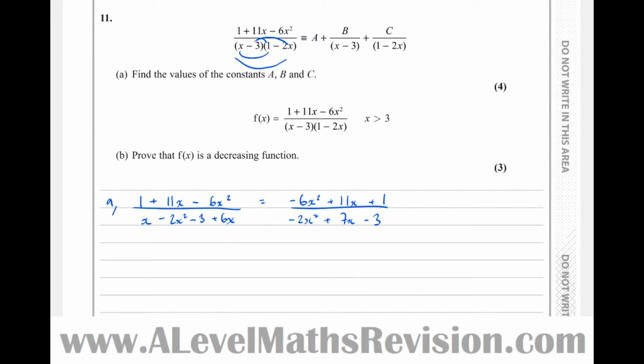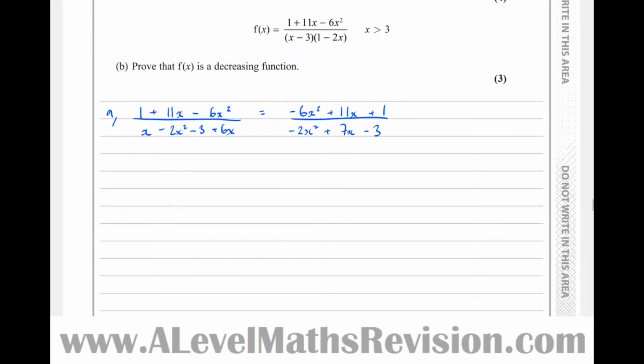So what we're going to do now, we're going to actually do the polynomial division, so I can actually see that a is going to be 3 because we've got minus 6x squared divided by minus 2x squared is just 3. However, if we do the polynomial division, we'll make this partial fractions part a little bit easier to do.